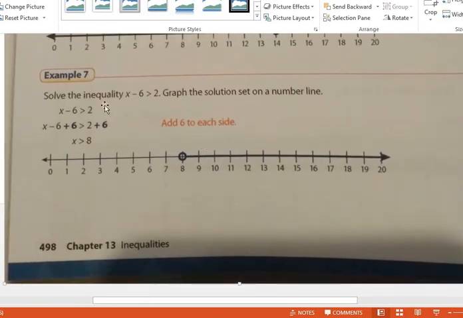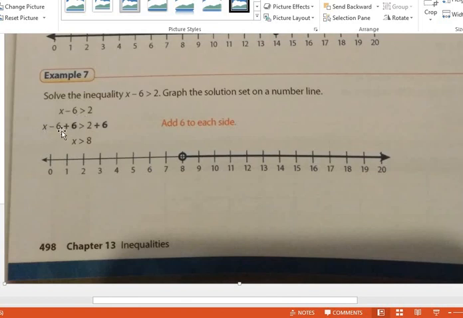Example 7. Solve the inequality x minus 6 greater than 2. Graph the solution set on a number line. I want x to be alone, so I want to remove negative 6. How can I remove it? By adding positive 6, the opposite of negative 6.